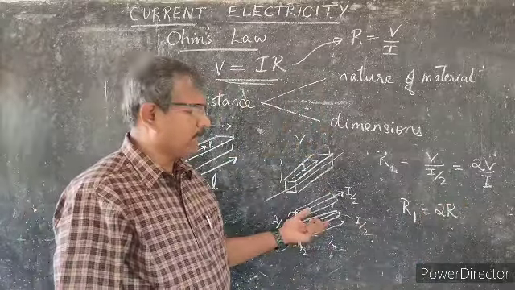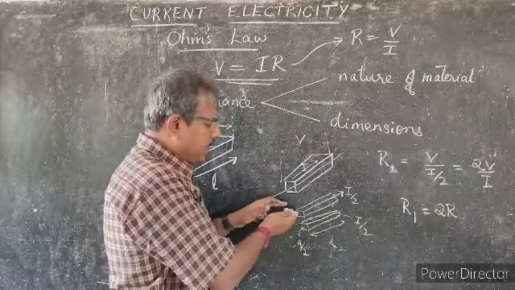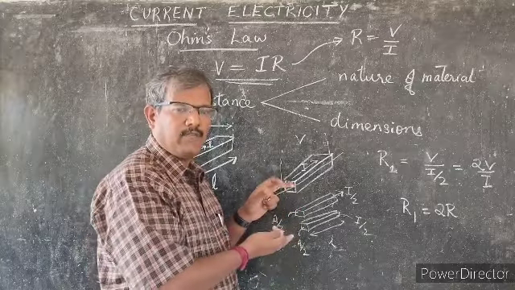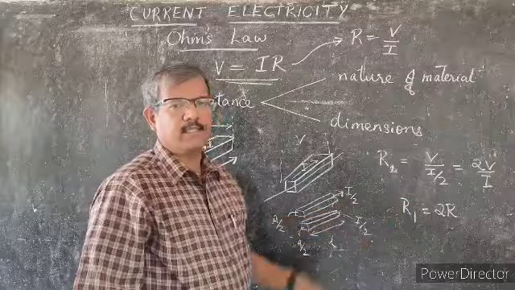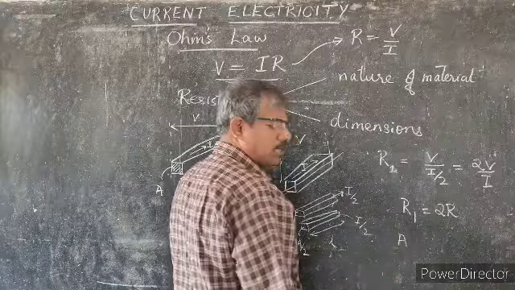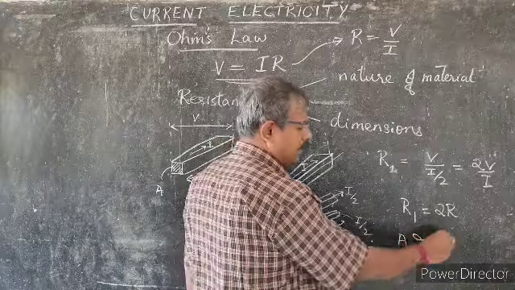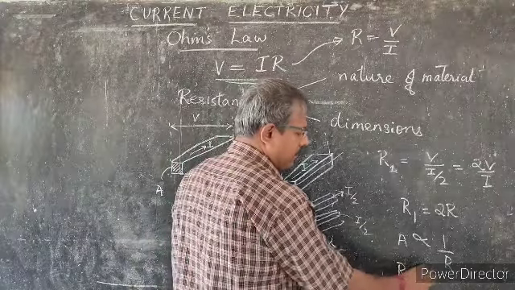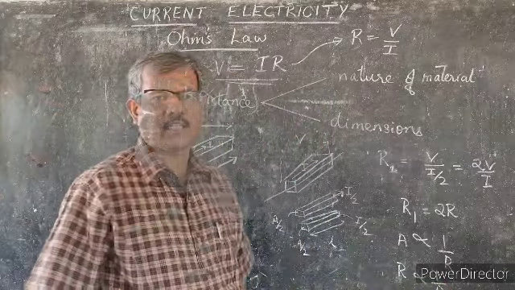So again you see that resistance has doubled. When the area of cross section was halved, the resistance doubled, which means as area of cross section decreases, resistance increases, or in other words, resistance is inversely proportional to area of cross section.